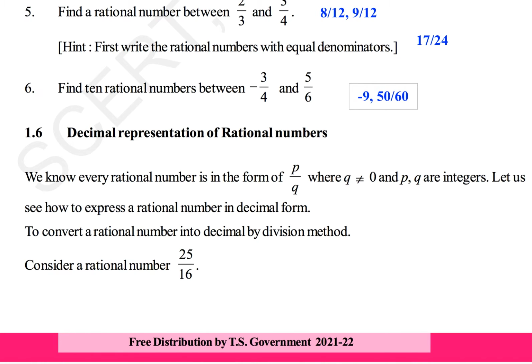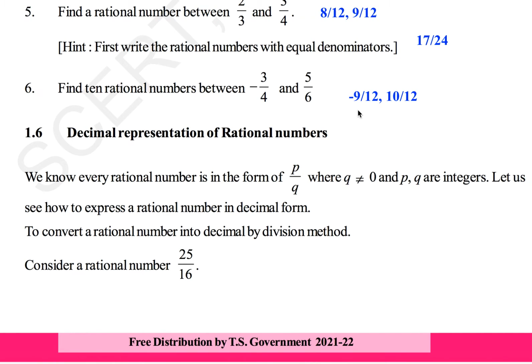Make it like this. This is minus 9 by 12, and this is 10 by 12. Here you will get almost 8, and here you will get almost 10.